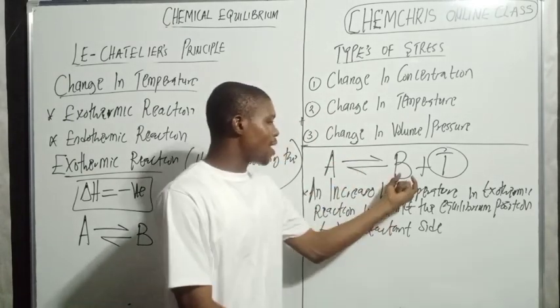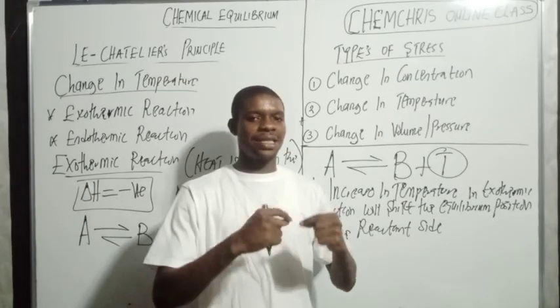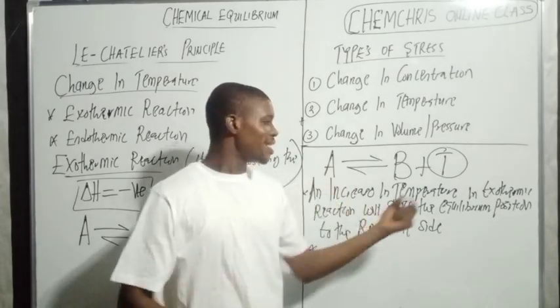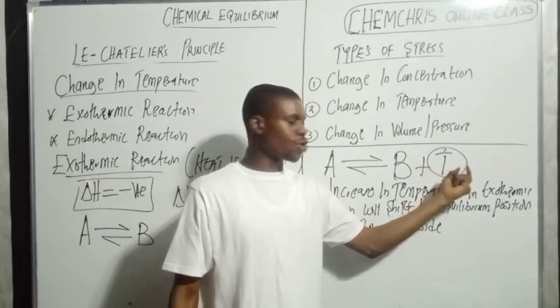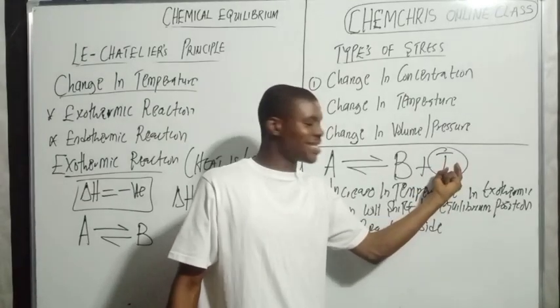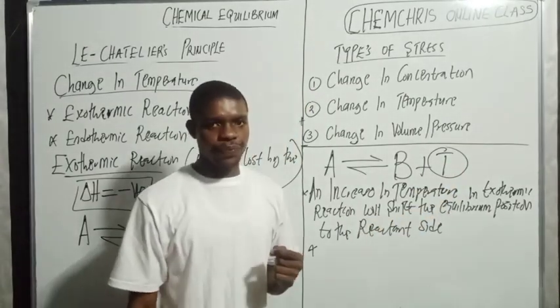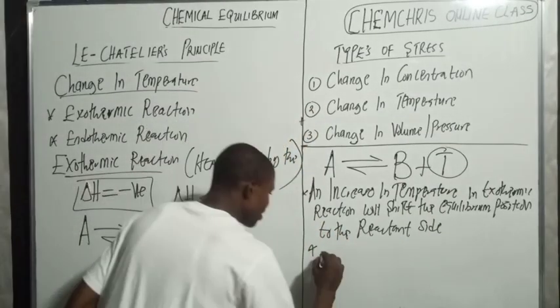So when you decrease the concentration of B, it will shift to the product side. Temperature here is treated as a product. So when you decrease the temperature here, it will shift over to the product side. Do you understand?